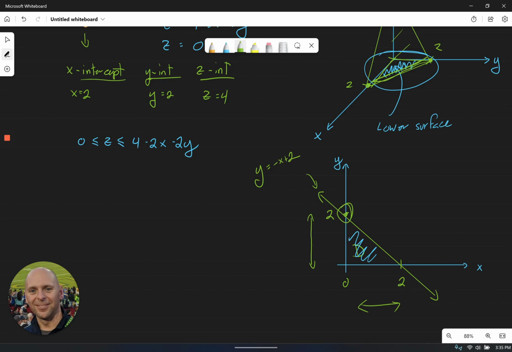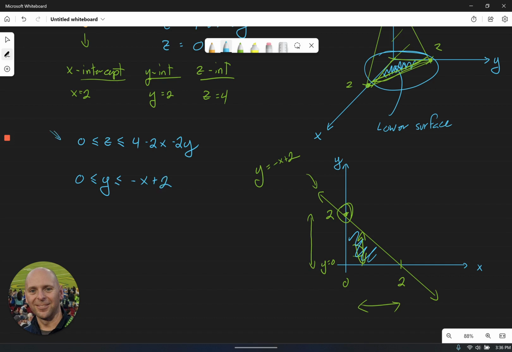So y then is going to go between those two functions, y equals 0 for the x-axis, and the line. So that would be our range of values there: 0 less than or equal to y, less than or equal to -x plus 2, or 2 minus x if you prefer.